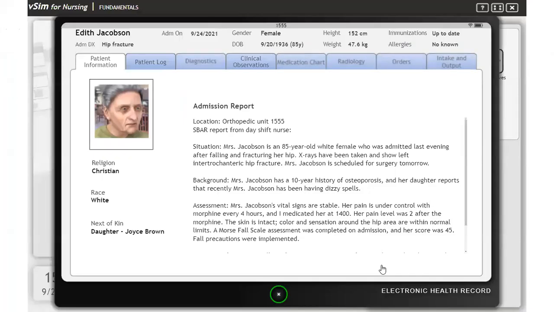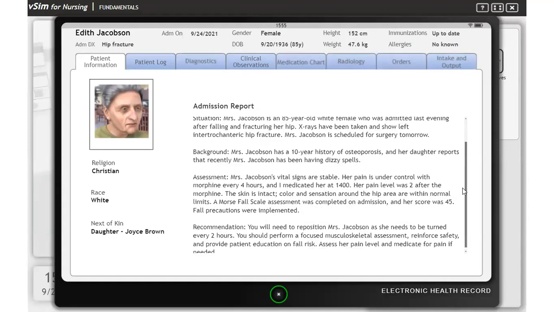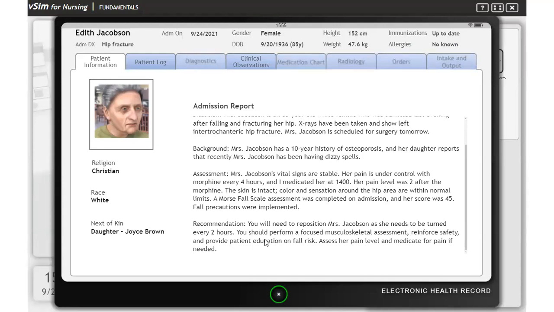Again, this first page, can you see it? Yes, we can see it. Okay. So this first page is again the admission report. And if you look at the bottom, it tells you exactly what you need to do, basically.